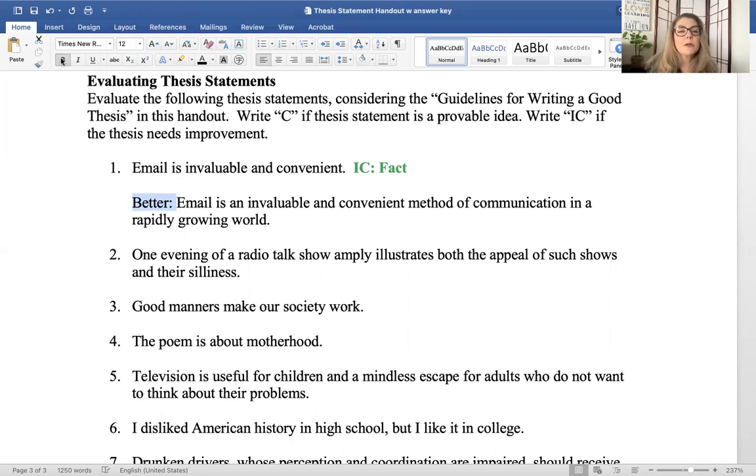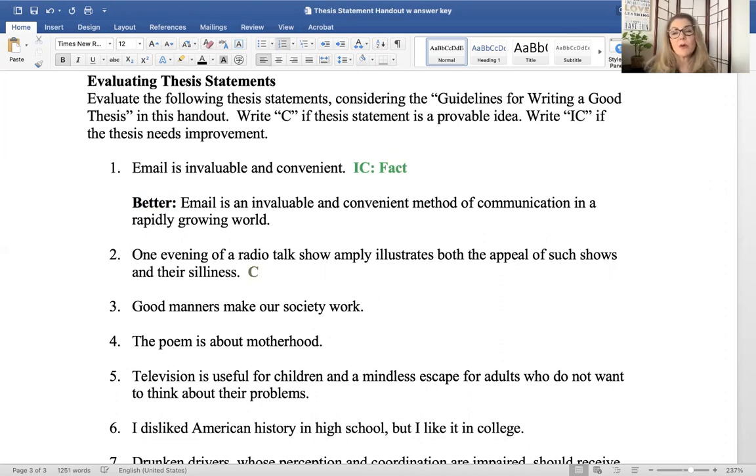All right, let's go on to number 2. One evening of a radio talk show amply illustrates both the appeal of such shows and their silliness, okay? And this one's correct.